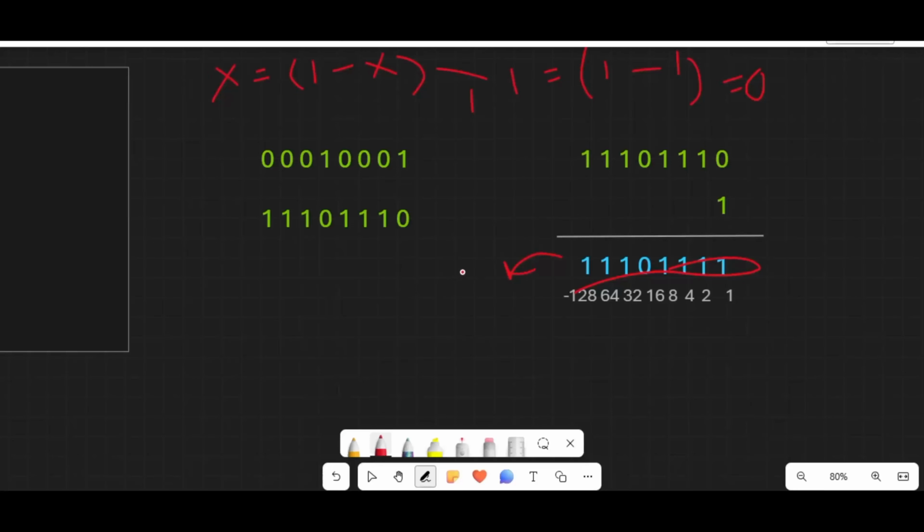We add 1, plus 2, plus 4, plus 8, plus, we should not take 16 because we have 0 over here, plus 32, plus 64, minus 128.